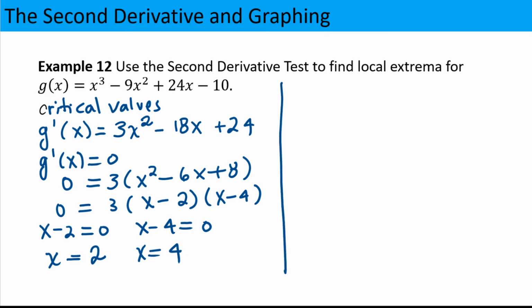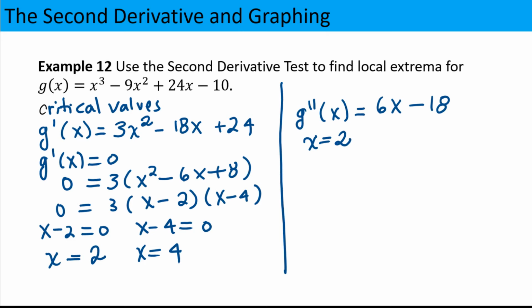We've got critical values. Now we need to see if they are local extrema. We do that by finding the second derivative. So g double prime of x is the derivative of the first derivative, so we would get 6x minus 18. Now let's evaluate.